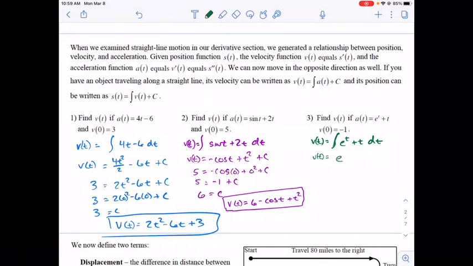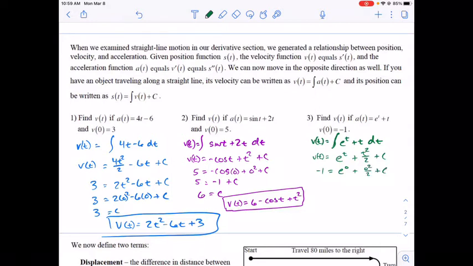So that's going to be e to the t, and then we're going to have t squared divided by 2 plus c. Now, we know that v of 0 is going to be negative 1, so we'll put negative 1, and make this e to the 0 plus 0 squared over 2 plus c.